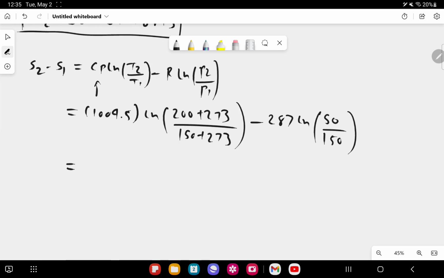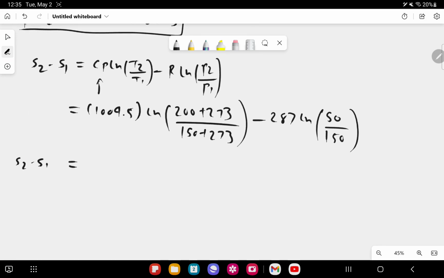Now this is then equal to 427.5276907 joule per kilogram per Kelvin.